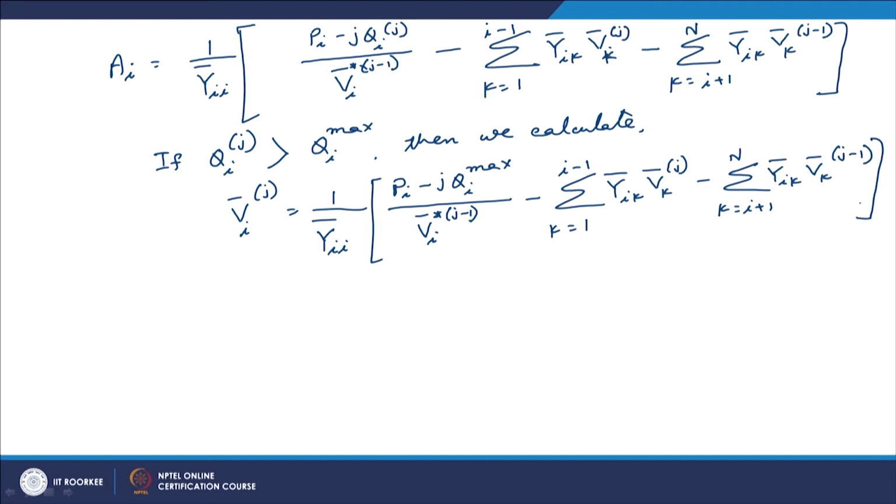Basically the same thing, the only difference is that here we have replaced Qij with Qi max, because this is the maximum value it is taking, and here we are taking this complex value. So, here this is a case.